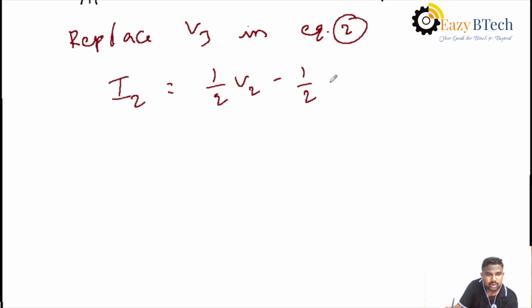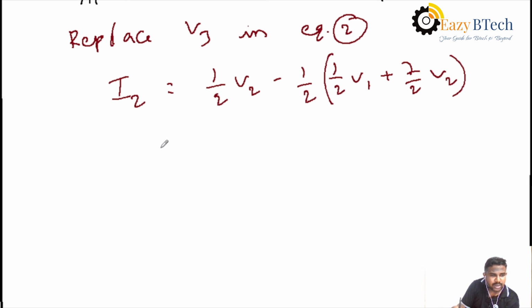Then what is the value of V3 here? 1 by 2 V1 plus 7 by 2 V2. From that, the value of I2 is nothing but minus 1 by 4 V1 minus 5 by 4 V2.